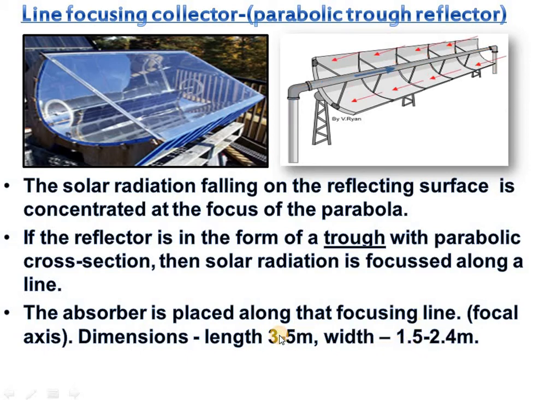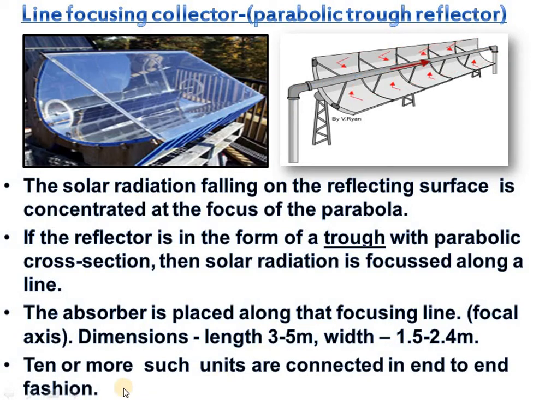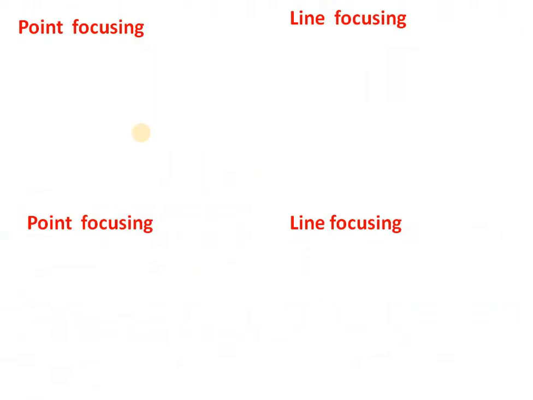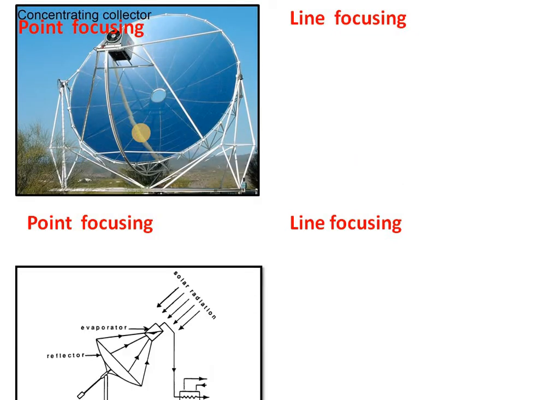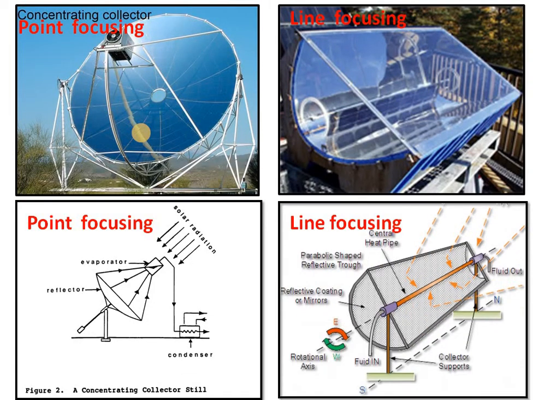And yes, you can connect such systems. You can connect a large number of systems so that you can improve the efficiency of the system. Understand? So usually a large number of reflectors are connected in series, so then it will be much more efficient.